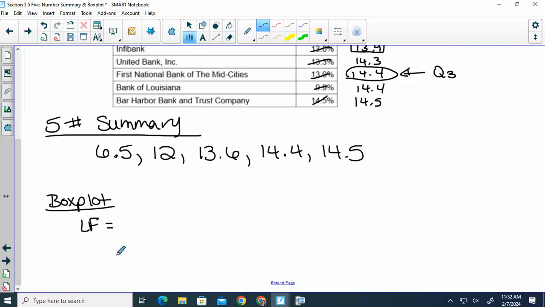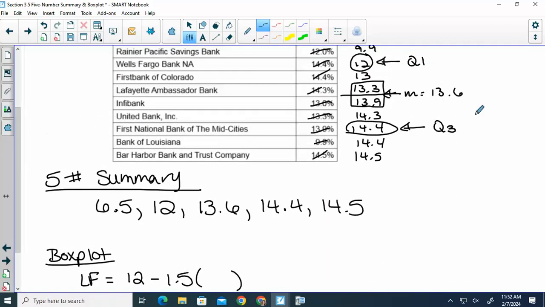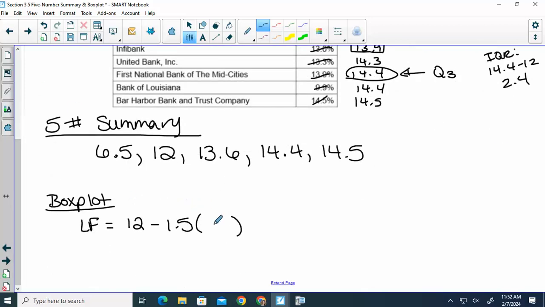So our lower fence is quartile 1, which was 12, minus 1.5 times the interquartile range. How do we find the interquartile range? So 14.4 minus 12 gives us 2.4.